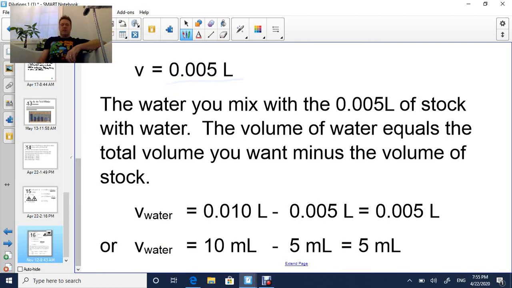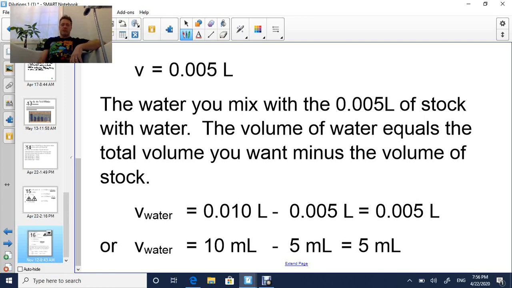And so down here, I've got the calculation in liters. But of course, if you want to make it more easy to remember, there's your milliliters. Okay, so 10 mils minus 5 mils, so 5 mils of water. So you're going to mix 5 milliliters of the stock with 5 milliliters of water, and it will be diluted to the concentration you want.